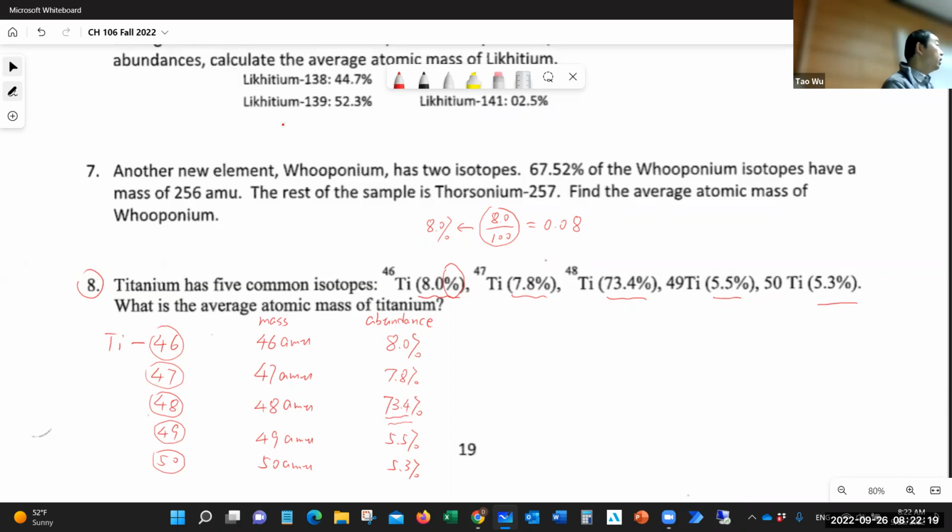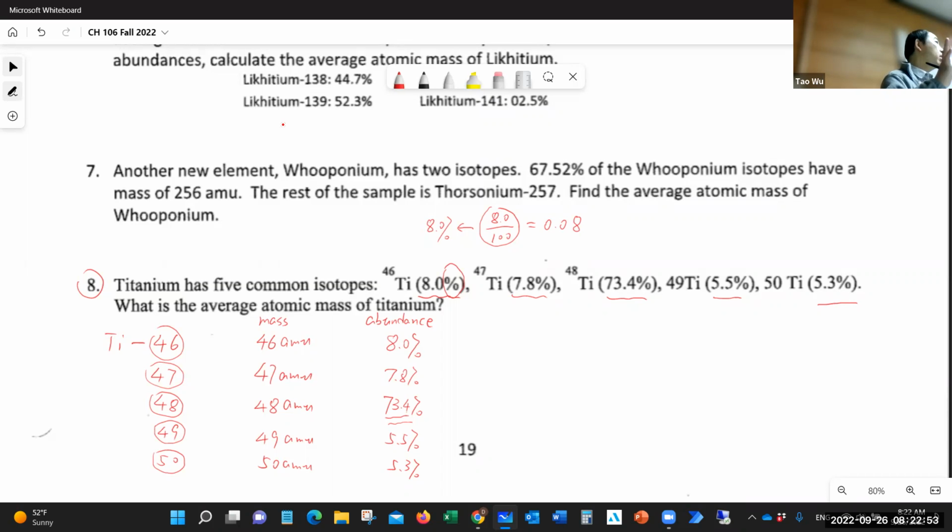Does it make sense, right? Because this one has 73.4%, which means if you have 100 titanium atoms, at least 73 of those atoms belong to titanium 48. So if one of the elements is dominant, then believe me, the average atomic mass should be close to this number.